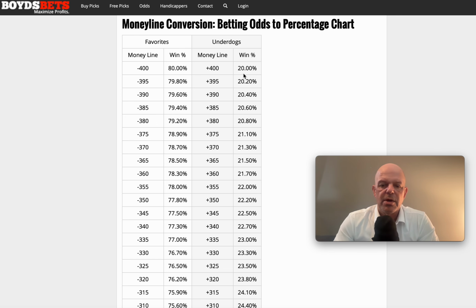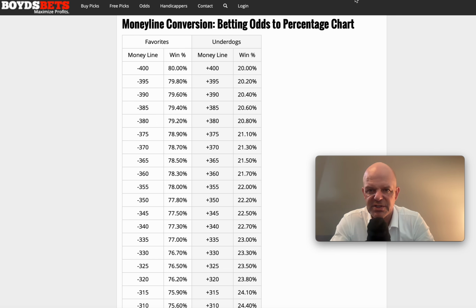Now, the way that I run my model, I don't alter it so that it equals 100%. I don't make a line the way the sports books make a line. I use my model to give me a true accurate representation of that team's percentage chances of winning. So based on this, Colombia has a 77% chance of winning. Paraguay has a 20% chance of winning.